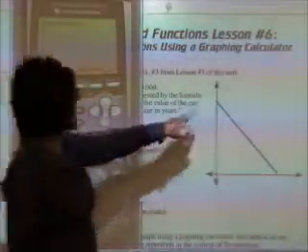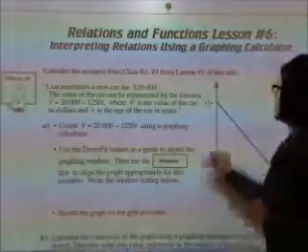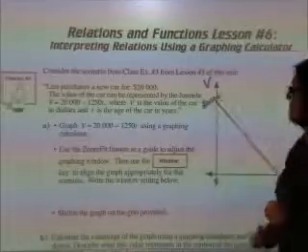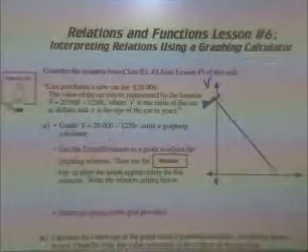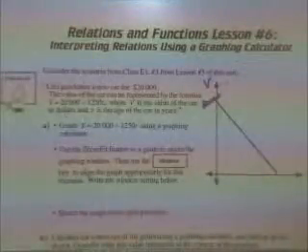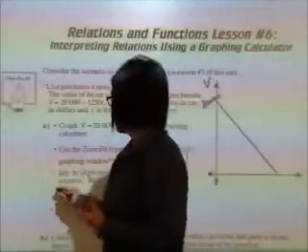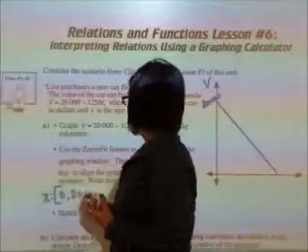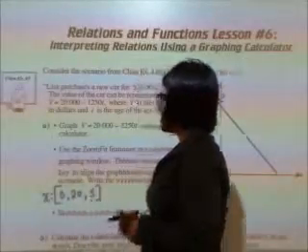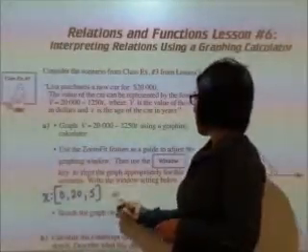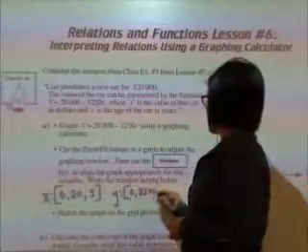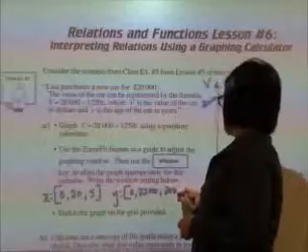So I can now label this point right here. So this is my v-axis, and I can label my 20,000. And then I can put in my window settings. For my x's, we went from 0 to 20, and I think we went up by 5s. My y's, we went from 0 to 22,000, and we went up by 2,000.